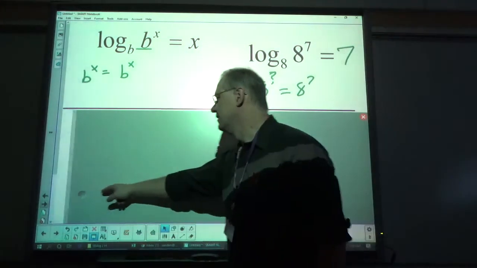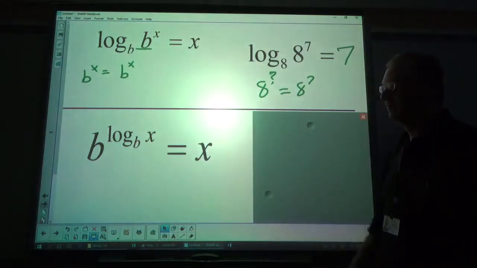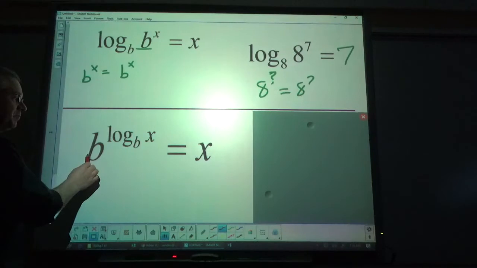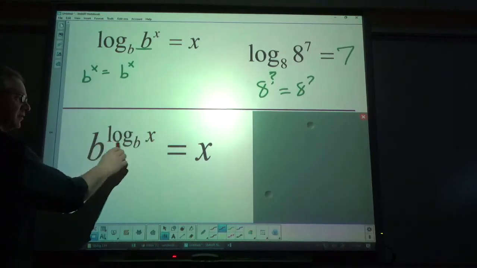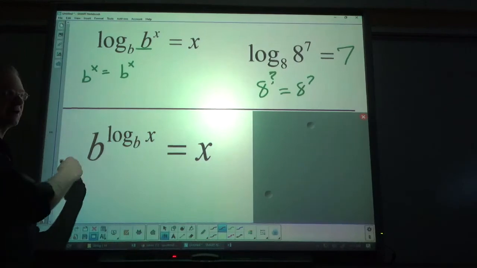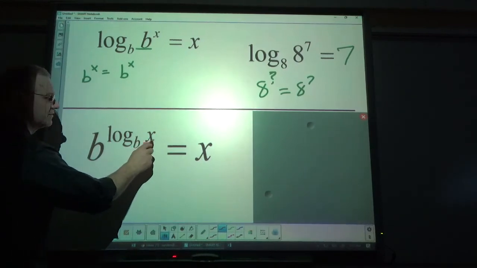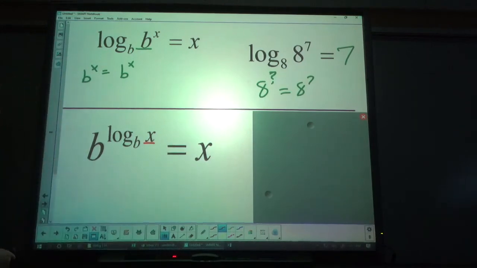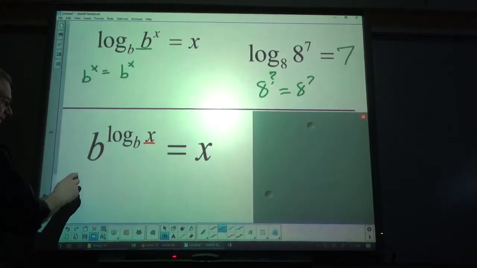All right, let's take a look at this one. The base of the exponent and the base of the log in the exponent are the same, so what you're taking the log of in the exponent is the answer. Here's the reason.